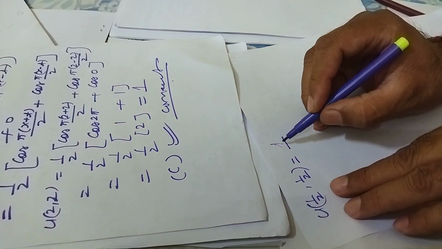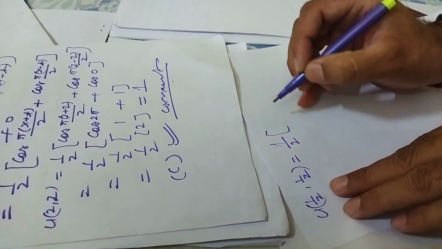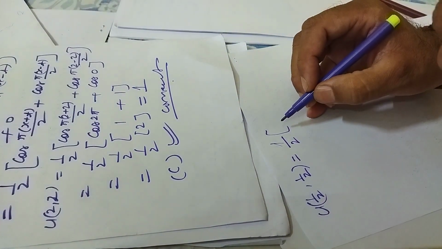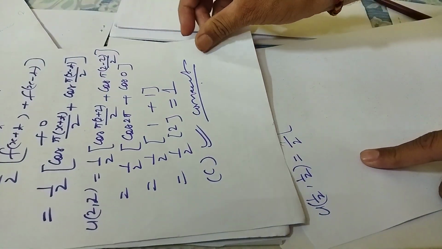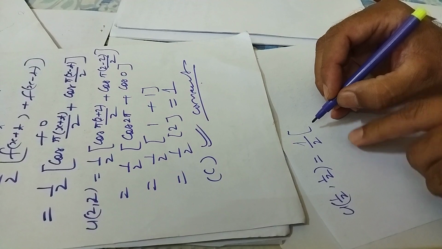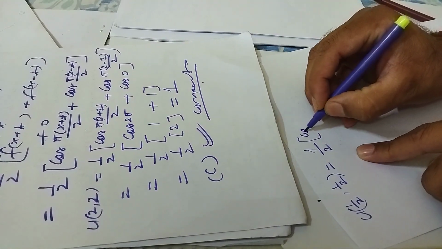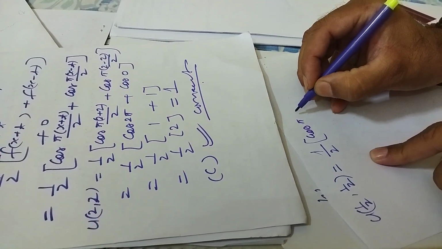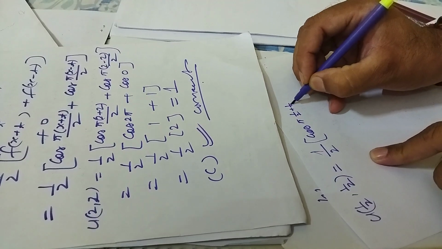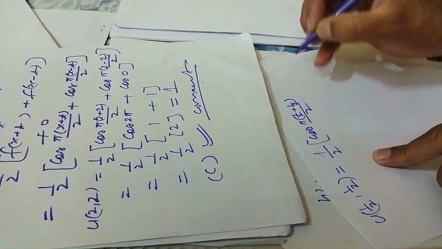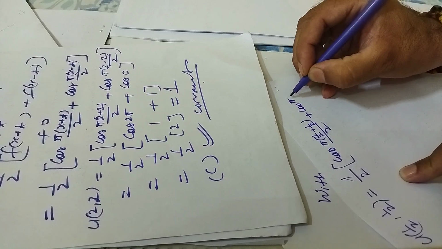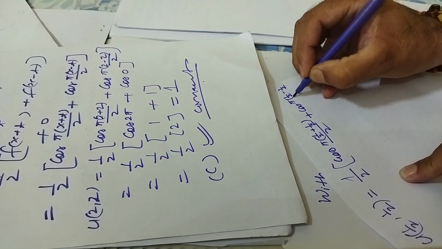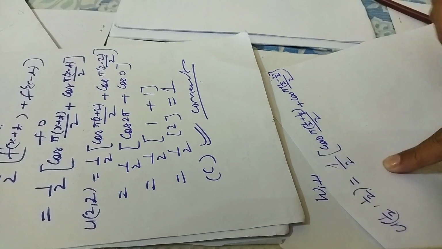Put in place of x equal to 2, and in place of t equal to 1/2. So what is this? Cos of π(2 + 1/2)/2 plus cos of π(2 - 1/2)/2.